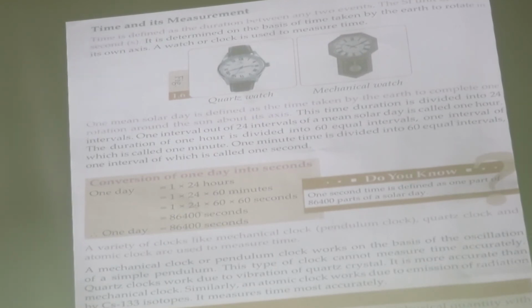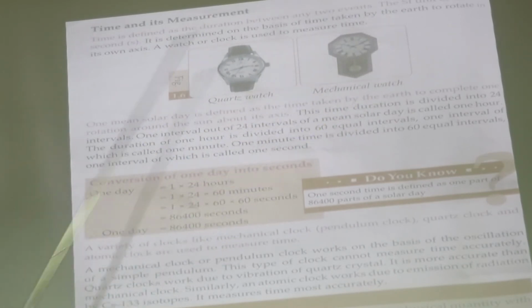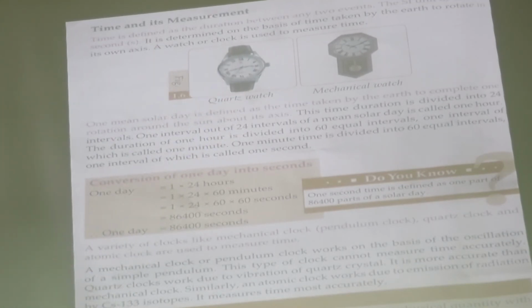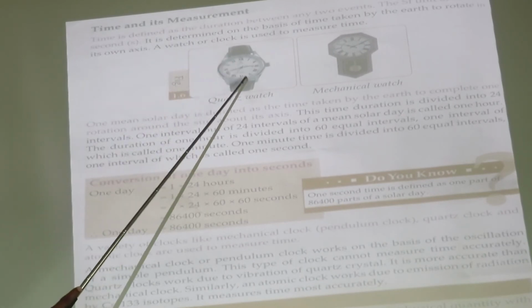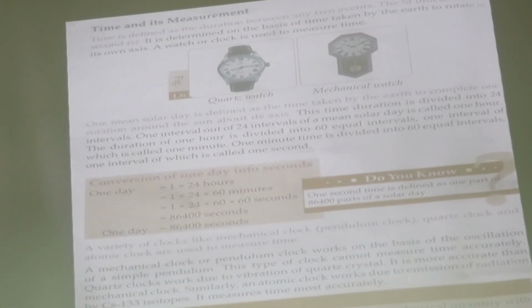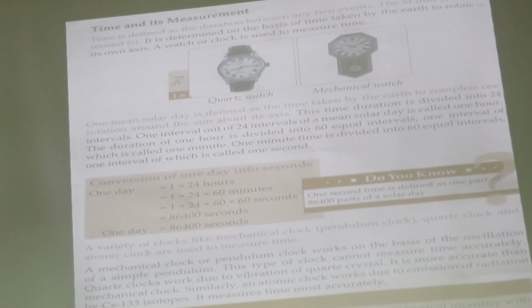It is determined on the basis of the time taken by the earth to rotate on its own axis. A watch or clock is used to measure time.